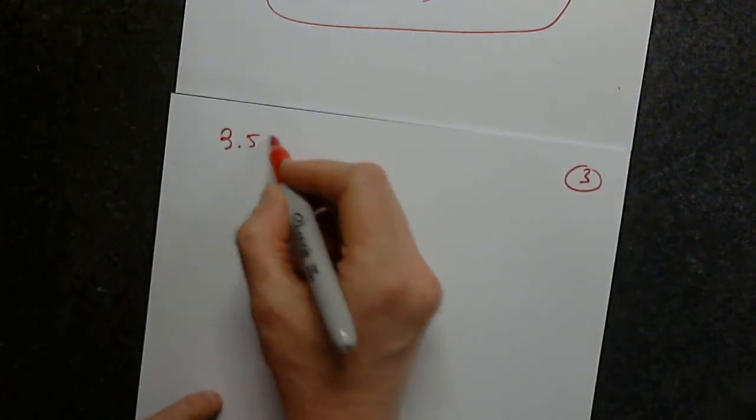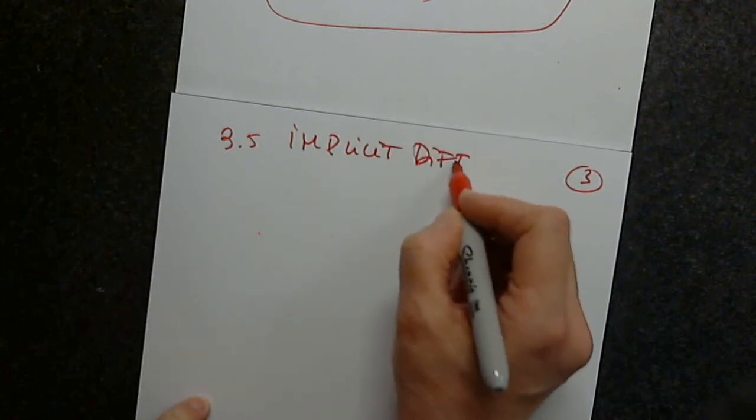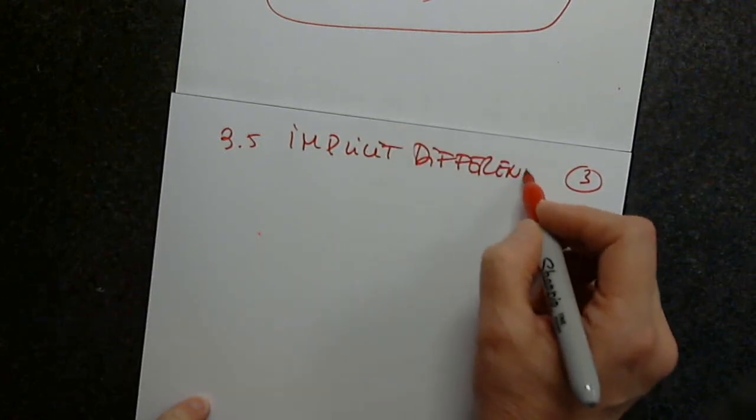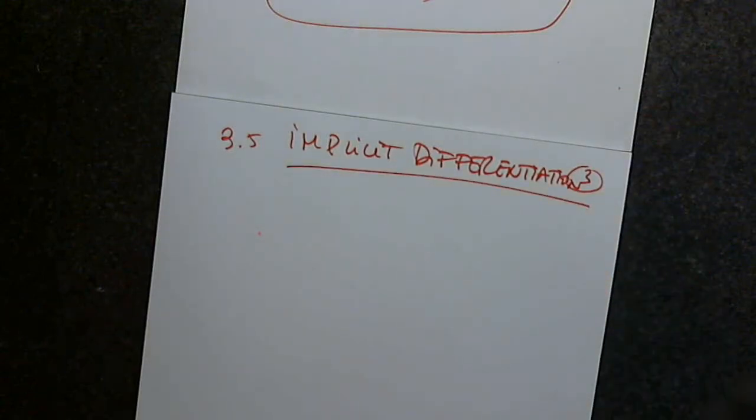Okay, 3.5, implicit differentiation. This is all about the chain rule. You'll see in a moment.